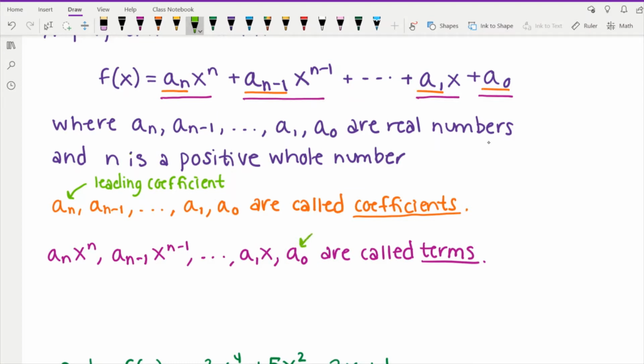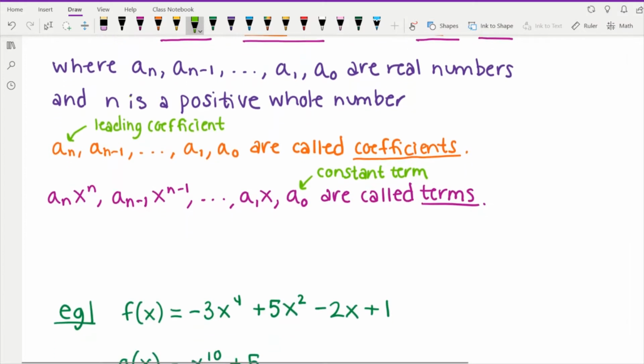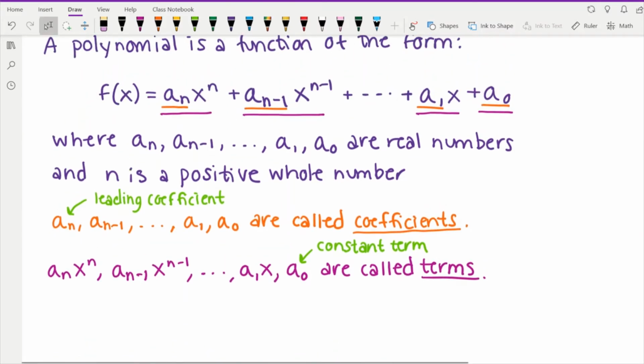It doesn't really matter. It's not really something to worry about. So usually that last number, the number that's on its own, is referred to as the constant term. You could also call it the constant coefficient if you want. I'll probably call it the constant term in this class, but it doesn't really matter that much. And then the last thing that I want to point out here is the highest power of x.